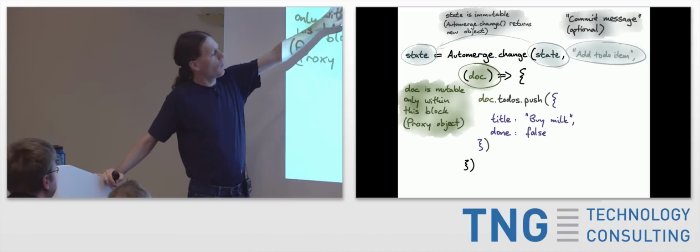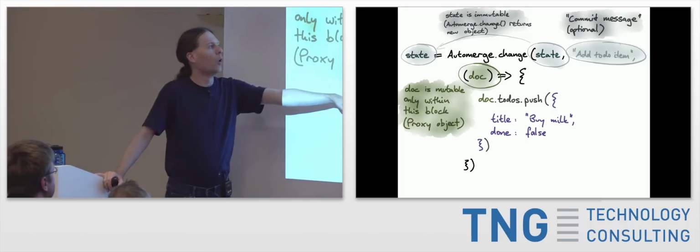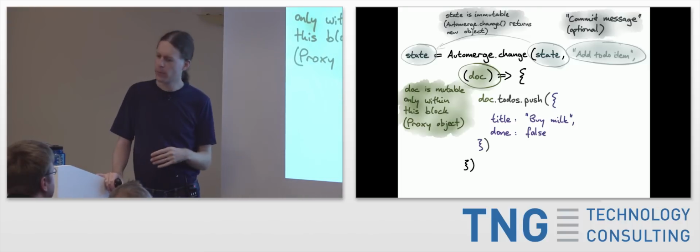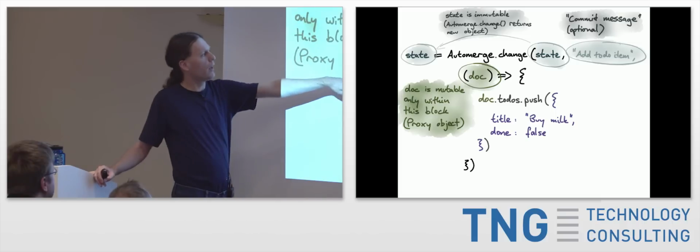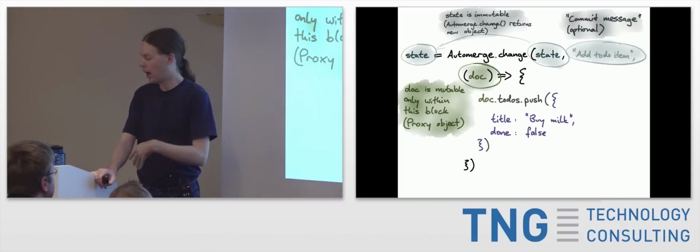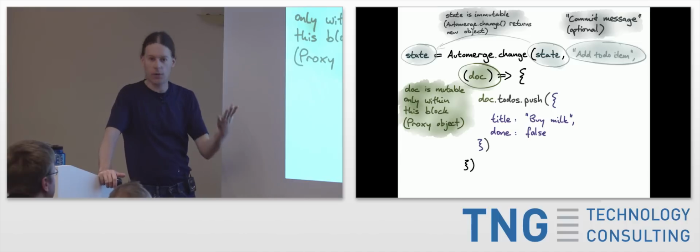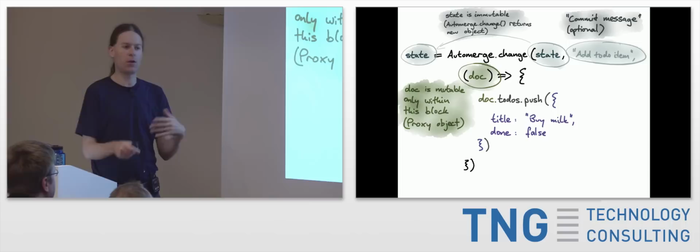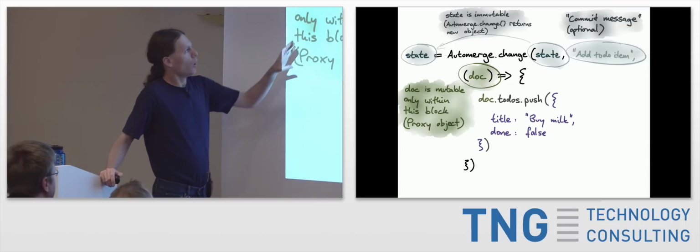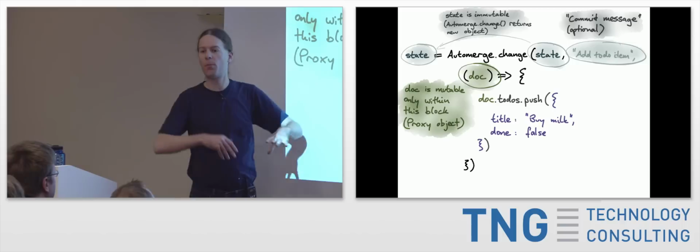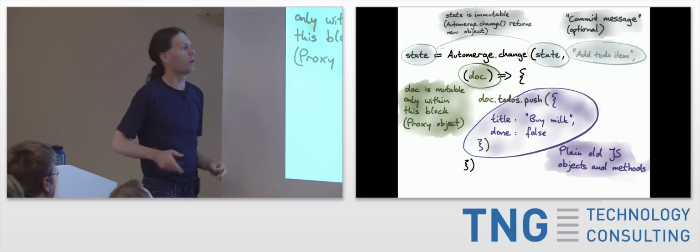And then finally, we have this callback function here. And within this function, you get an object, doc, which stands for document. And within this function, you can make changes to the document, using any of the typical JavaScript operators or methods that you might be familiar with. So while the state itself is immutable, just within this block here, it suddenly becomes mutable, just for the period of this block.